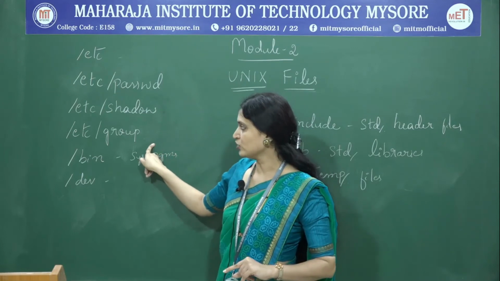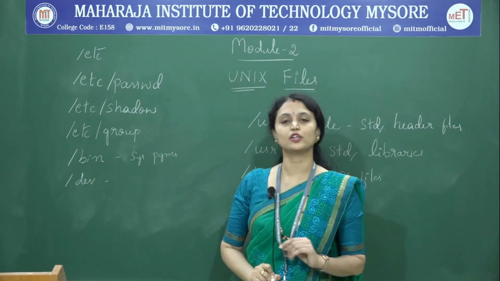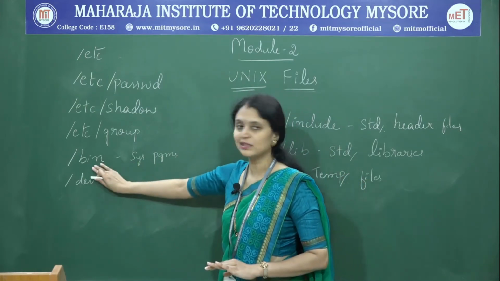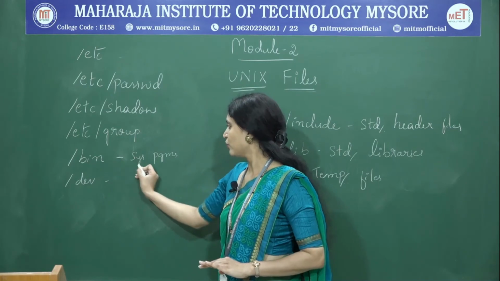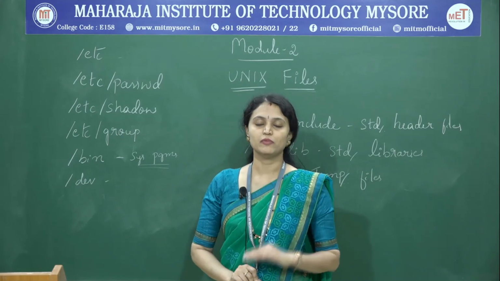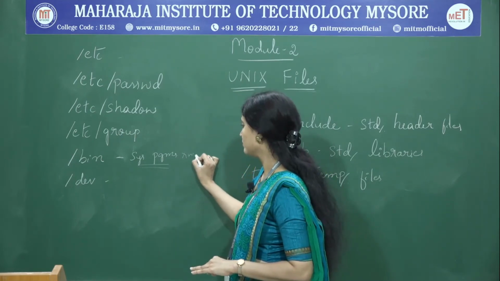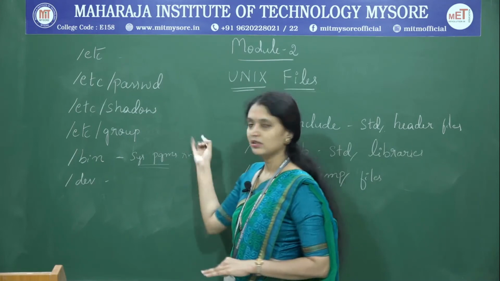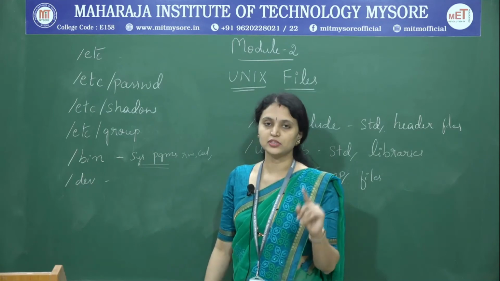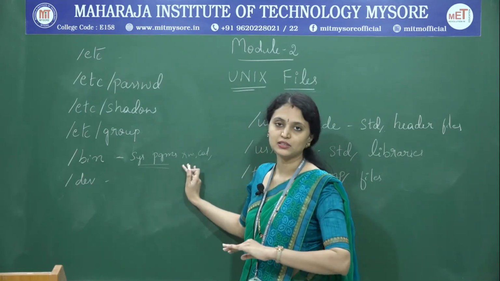And then /etc/group. This file system stores the group information. And then /bin. It stores the different system programs which can be generated by using commands like rm, cat, etc. /bin is a file system that stores the information of all system programs, nothing but the commands.